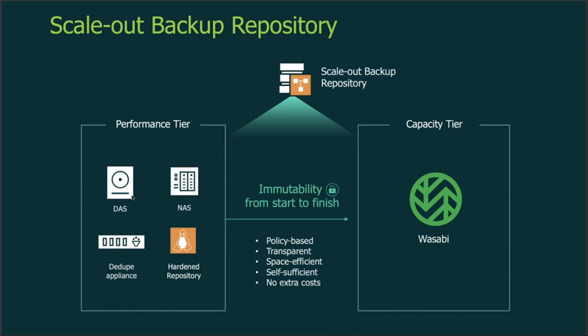The performance tier is going to be all your data that's on-prem, all your DAS, NAS, dedupe appliances and things like that. And then the capacity tier is going to be a Wasabi object lock bucket. So object lock is what we're here to talk about, and this will be what we dive into. But I also want to make note that Wasabi is Veeam ready. They are Veeam ready object, and they are now Veeam ready object with immutability. And we'll get into what that means here in a second as well.